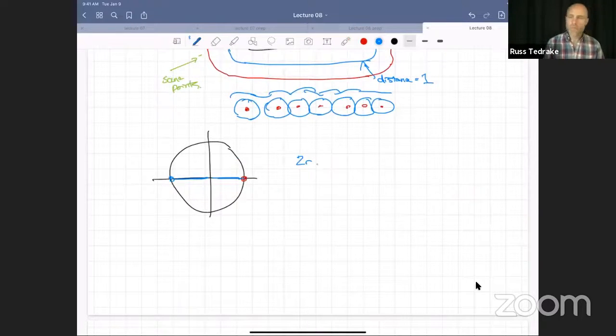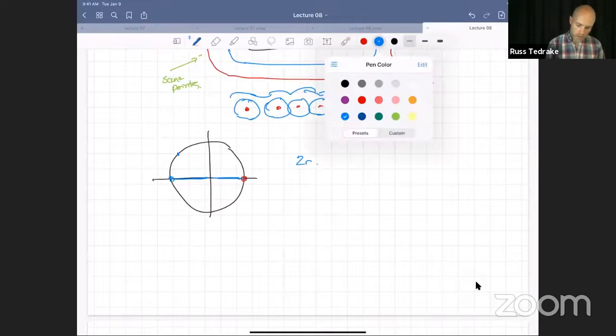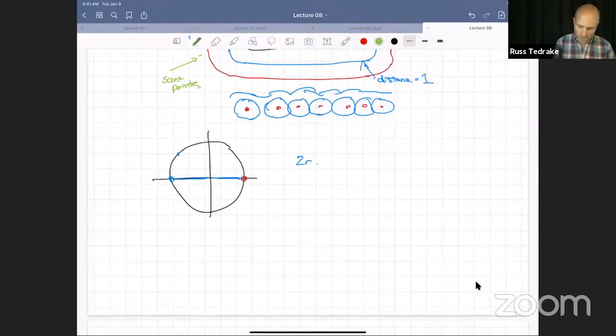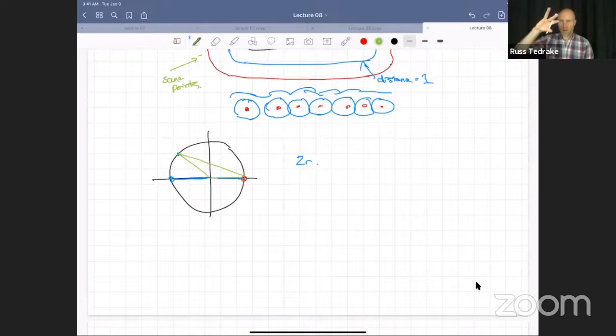Well, if I were to rotate it at all, and the model point was over here, then how far is this? By the triangle inequality, it's smaller than 2r, right? And in fact, by the law of cosines, the distance would be the square root of r squared plus r squared minus 2r squared cos theta.